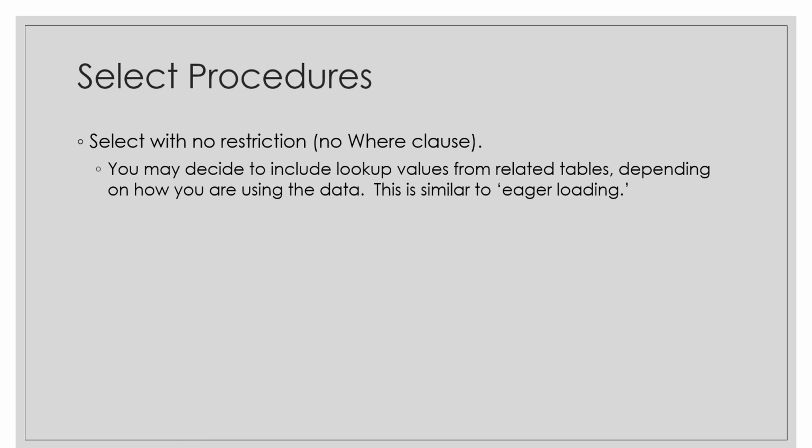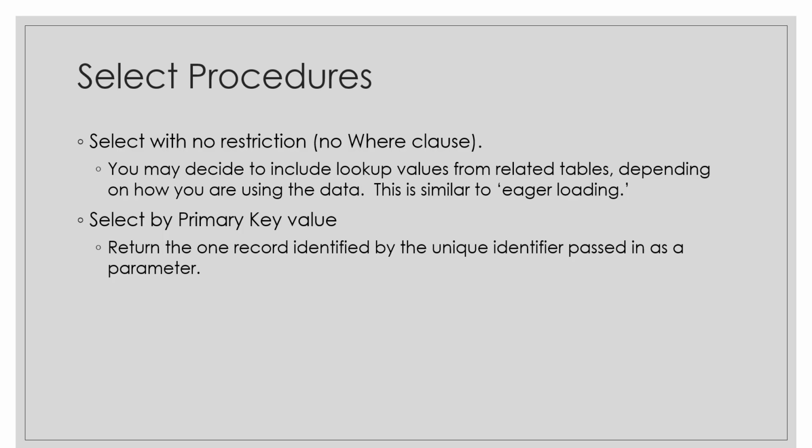That's an example of eager loading: instead of making a second trip to get the name of the category, we'll eagerly load that data into the one select, so all the data we're going to need to present in the user interface comes at once.